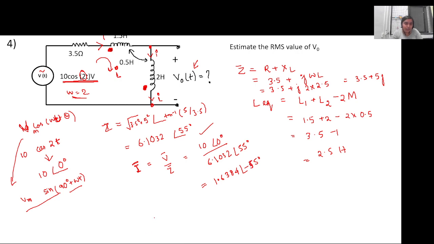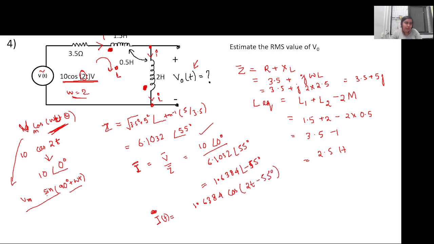So now when I am reconstructing it back, I am writing in terms of cos, because initially I had taken this in terms of cos, right? So I of t is 1.6384 cos of 2t minus 55 degree.